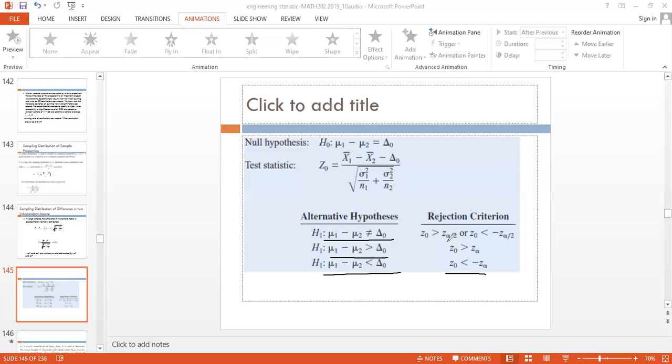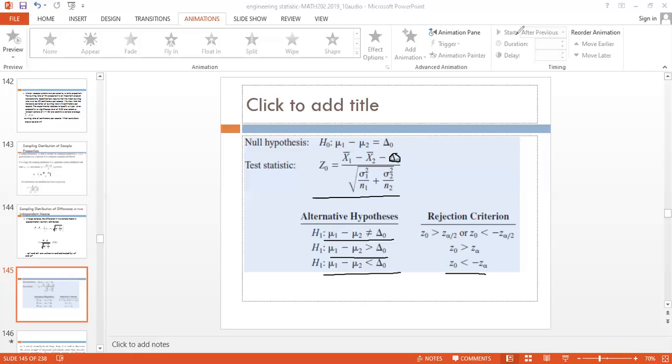So you are going to set alpha over 2, like we said in the previous class. And the test statistic, like you've already seen, has a general form, but usually the difference will be given as 0, because usually the samples come from the same underlying population.